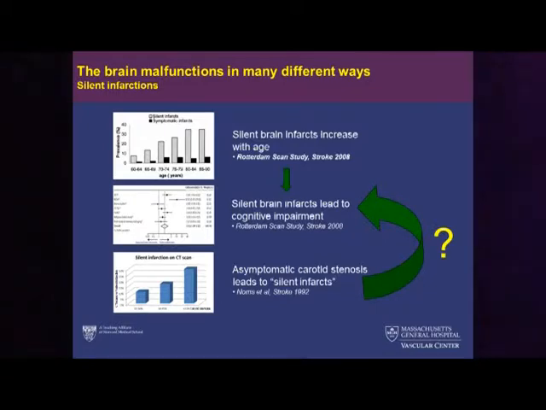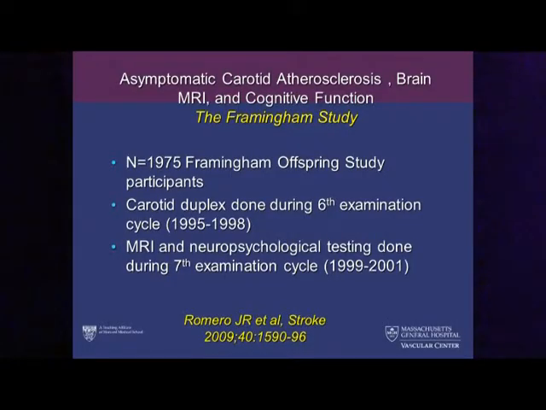We also know that silent infarction happens, and over time we've seen several longitudinal studies, including this study from the Framingham study, looking at the incidence of neuropsychological testing decline and new episodes of stroke in a long-term patient population followed as part of the Framingham study.